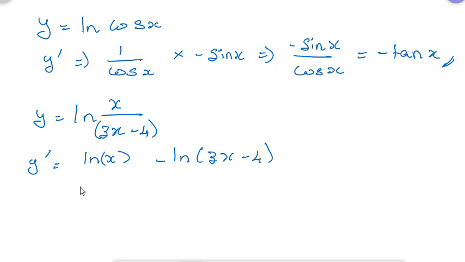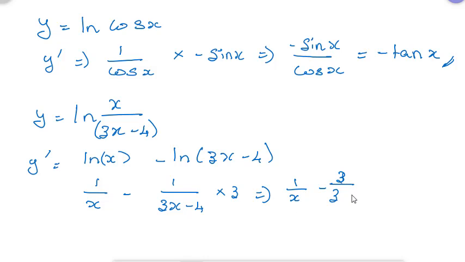After that, ln of x gives 1 by x, and here the same, 1 over 3x minus 4. And since it was 3x, I have to multiply by the 3. So the value is 1 over x minus 3 over 3x minus 4.